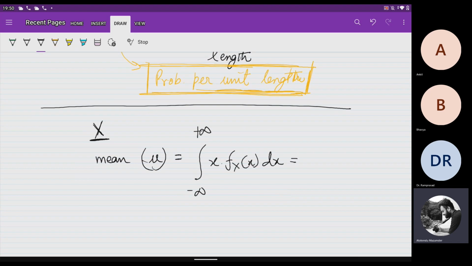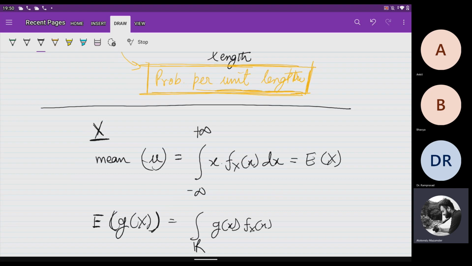Or it can be written as expectation of x. Now, the expectation of any function g(x) of a random variable can be written as the integral from minus infinity to plus infinity of g(x) f(x) dx.